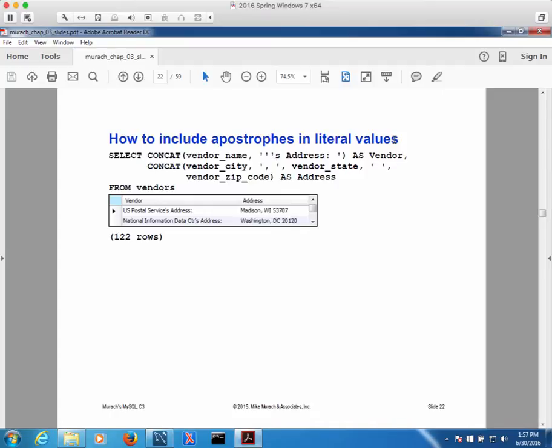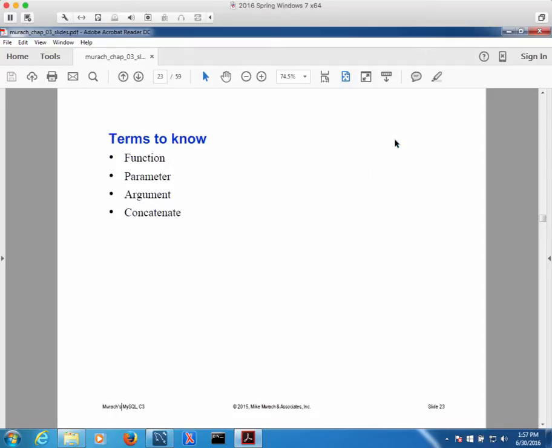Okay? So, terms to know, function. The function we've learned so far is concat, which gets a lot of use. A parameter is one of the column names, the literals, or other expressions that we put inside of the parentheses in a functional expression.